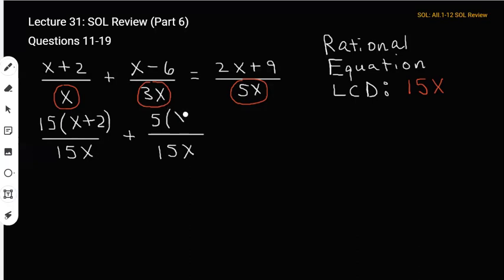So I'm going to multiply by 5 at the top. And for this last fraction, I have 15x, which is going to be my common denominator. But in order to get to that, I need to take this 5x and multiply by 3, so we need to multiply the top by 3.